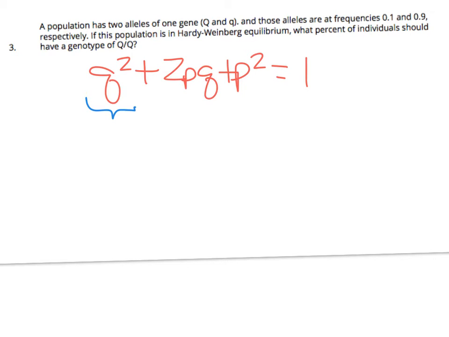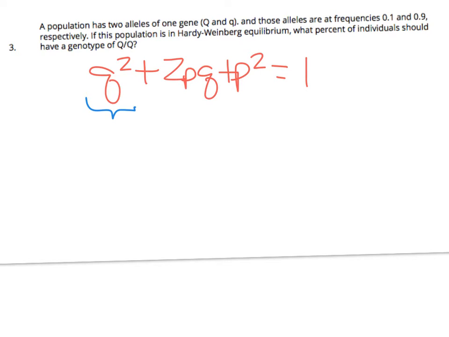If you were crossing individuals that had big Qs and little q's, and you wanted to predict how many genotypes there are going to be in the next generation, what would you do? What sort of process do you go through? What do we draw when we're going to predict genotypes of a next generation? Punnett square.